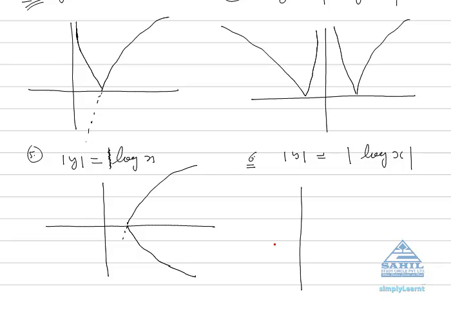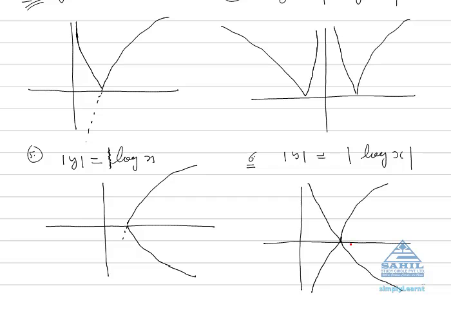You just see this properly. The original graph was like this, and I have to take the image of this with respect to the x-axis. So it will be like this and this. So the graph of mod of y equals mod of log x will be like this.